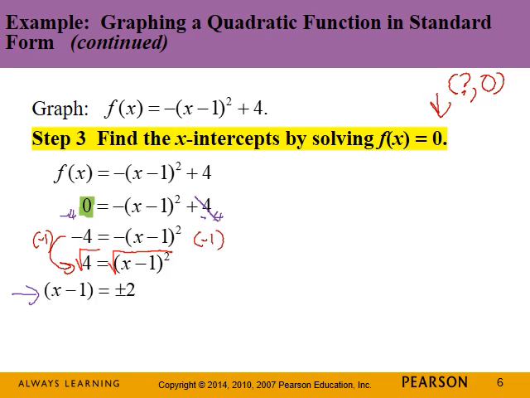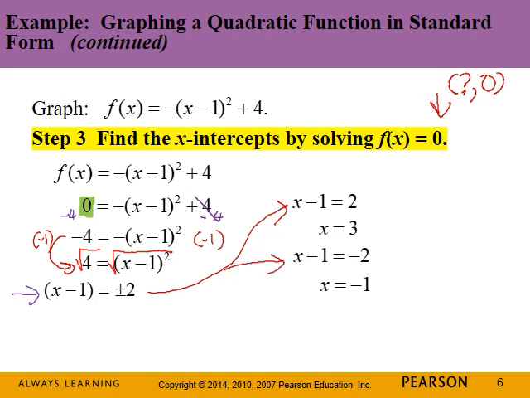So the square root of 4 is plus and minus 2. And now we have x minus 1 equaling two separate values. So as we go over to the right hand side here, you see that we have x minus 1 equals a positive 2, and here we have x minus 1 equals a negative 2. We have to solve for them separately.